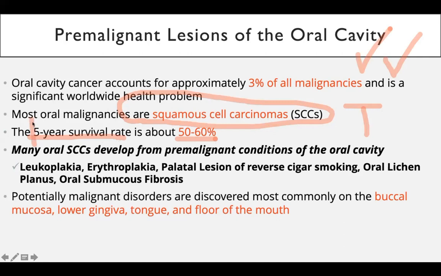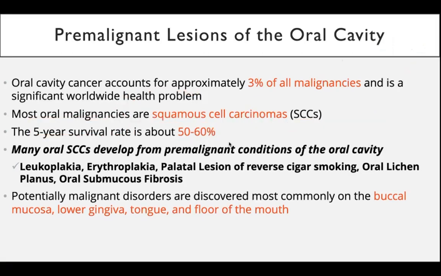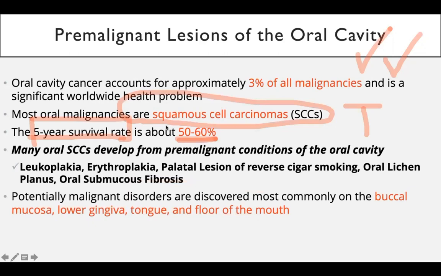So after getting the malignancy and starting the treatment, the percentage of people who will survive up to 5 years is almost half of them. This is if they start the treatment. The 5-year survival rate is absolutely important when you go to hospitals, when you have to counsel your patient.